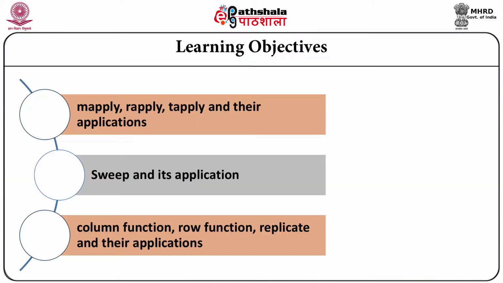These will be there, and some examples based on these functions will also be provided. Also, we will give you some examples regarding the sweep function, how it works, what the syntax of this function is, and along with this, the replicate function will also be discussed. So, let's see what is in store in the discussion.